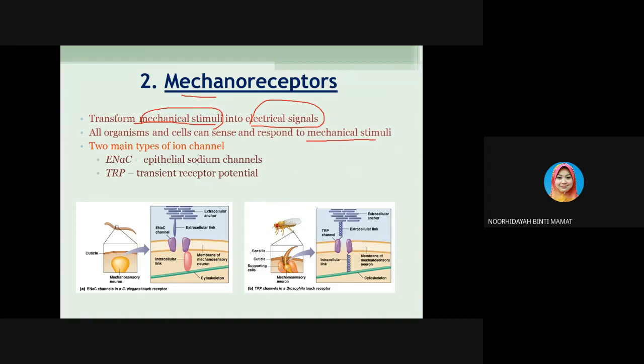We have two main types of ion channels involved in this transformation. We have the ENaC, the epithelial sodium channels, and the second ion channel involved in the process is the transient receptor potential, or TRP.